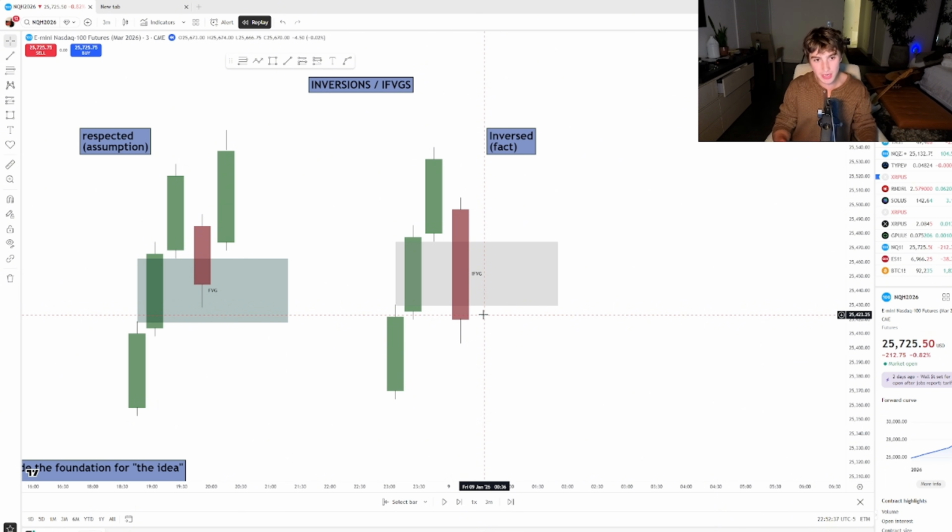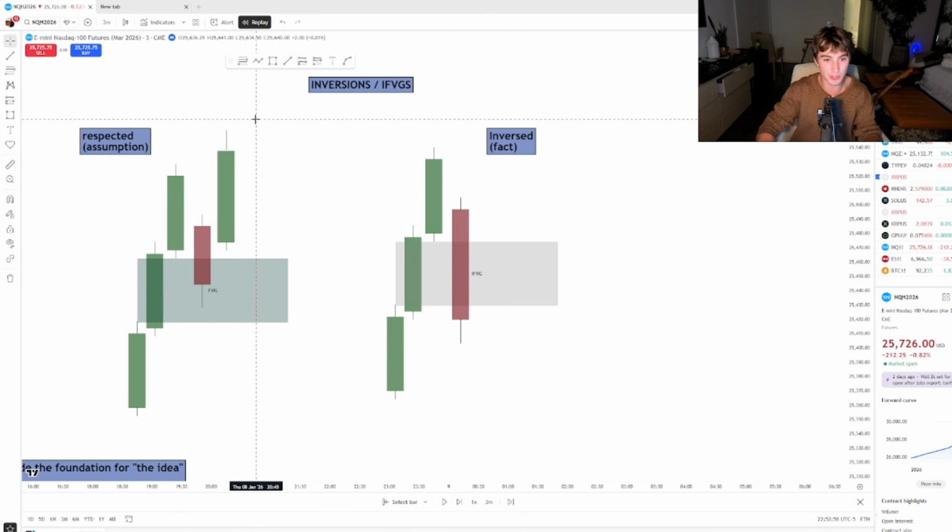Okay, so what I'm trying to say here is, while a fair value gap getting respected is only an assumption, a fair value gap getting inversed is a fact. We have invalidated what was previously an imbalance and supposed to support price. We assume fair value gaps are supposed to support price, in this case supports it up.